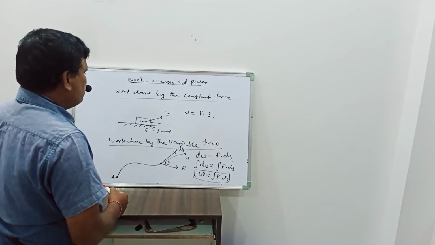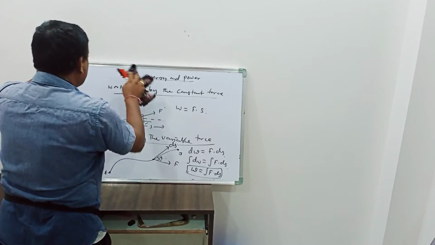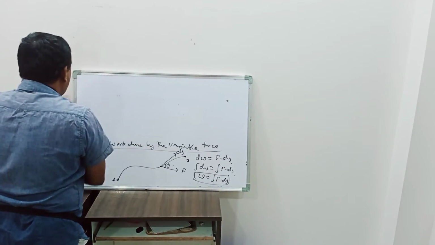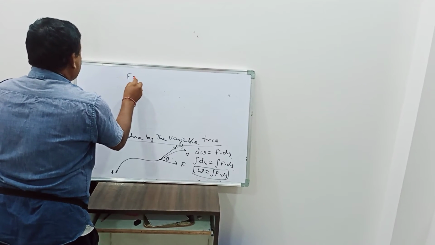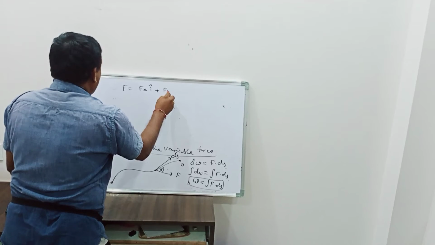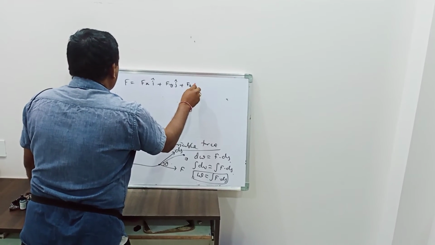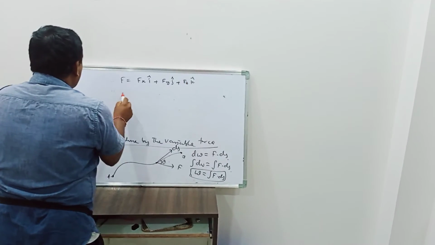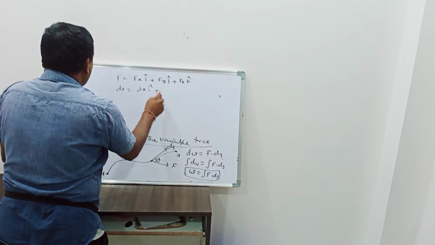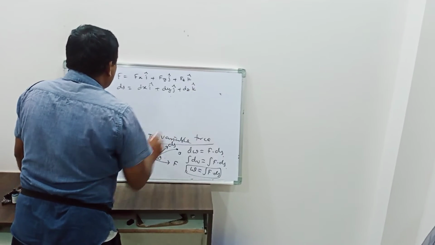We can also write the work done by the variable force in terms of rectangular components. Along the x-axis, the force component is Fx i cap, along the y-axis Fy j cap, and along the z direction Fz k cap. The displacement along the x-axis is dx i cap, along the y-axis dy j cap, and along the z-axis dz k cap.